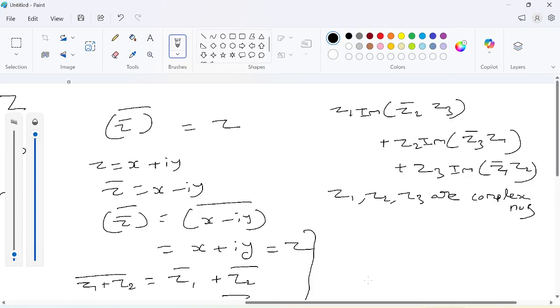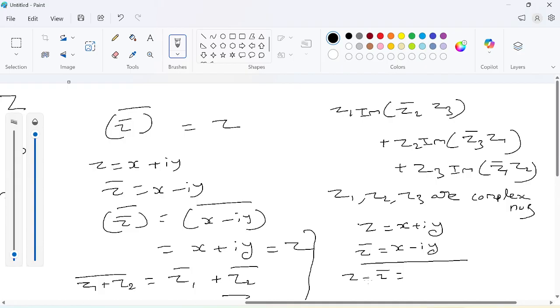Now suppose I have a complex number. Let us think like this: z is equal to x plus iy. Now, what is your z bar? x minus iy, right? Now, let us do like this: z minus z bar, you subtract it.